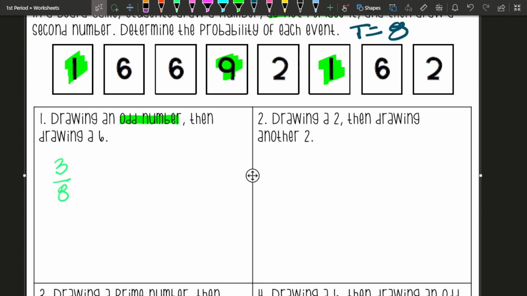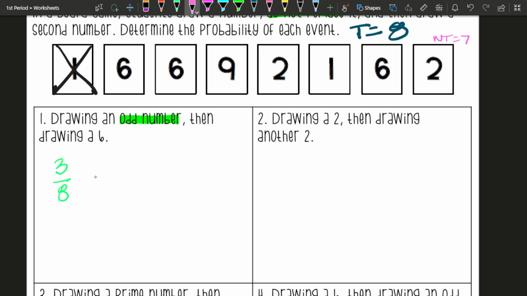Okay? So for example, my new total is gonna change. And if they ask for an odd number, one of the options is gone. In this case, they're not asking for an odd number, they're asking for a 6. So let's pretend that this odd number is no longer there. How many total do we have now? 7. The new total is 7, right?